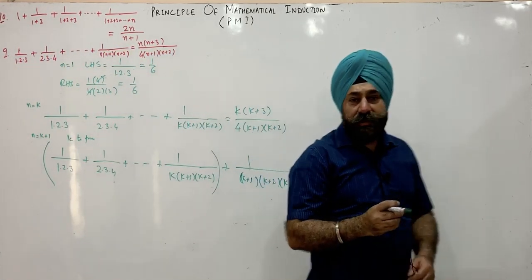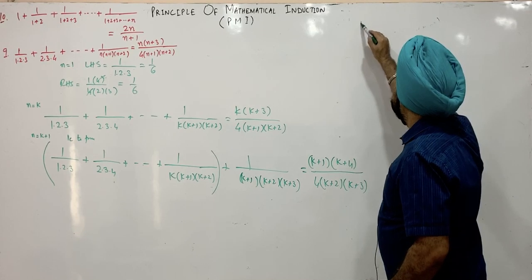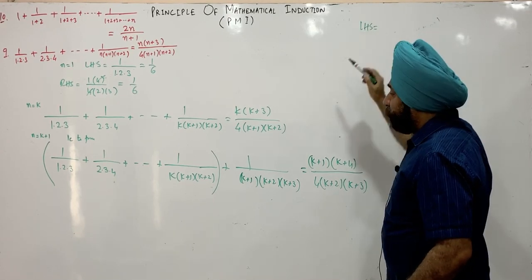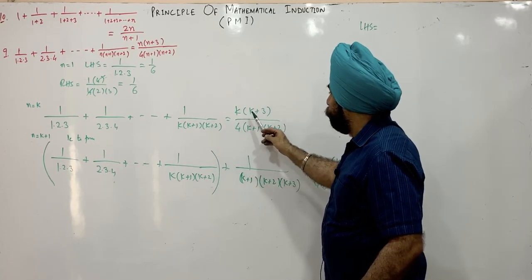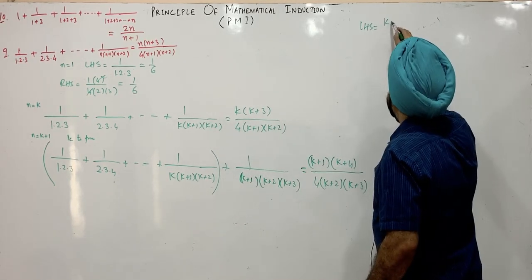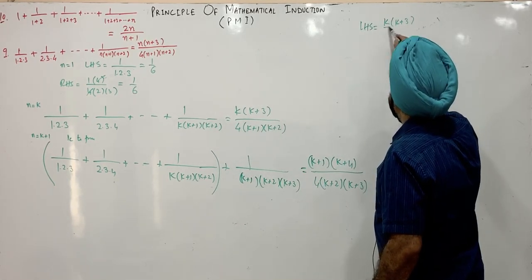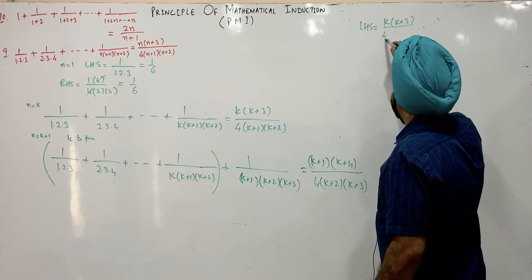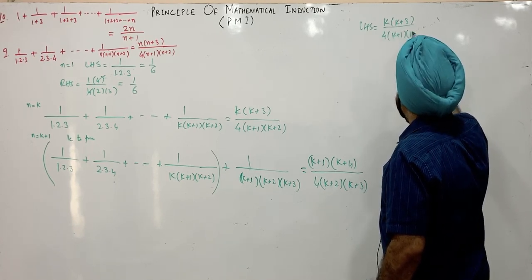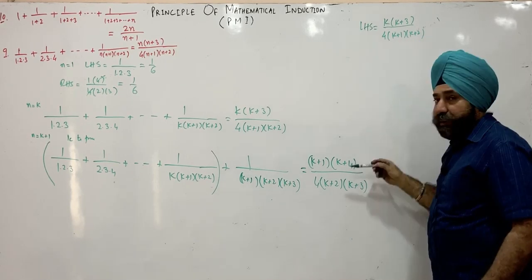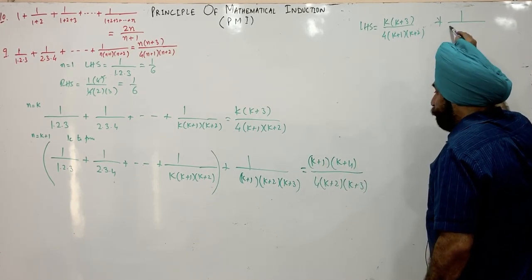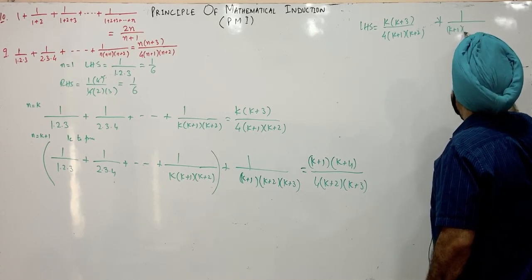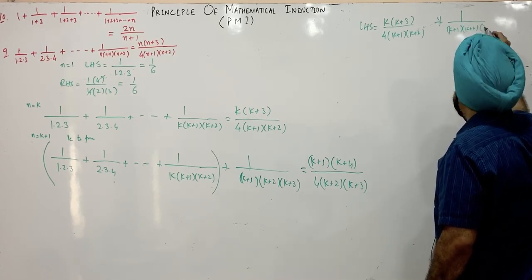And to prove left hand side is equal to right hand side, we start from left hand side. The sum of terms from this to this is assumed as k into (k plus 3) upon 4 into (k plus 1) into (k plus 2), plus the next term, which is 1 by (k plus 1), (k plus 2) and (k plus 3).